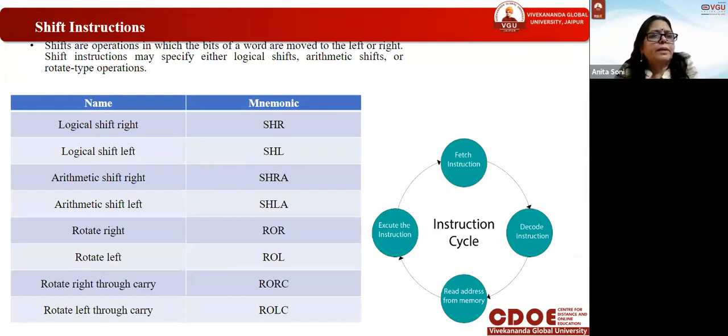Then there are shift instructions you can use for shifting your data: logical shift right, shift left, arithmetic shift right, arithmetic shift left, rotate right, rotate left, rotate right through carry, rotate left through carry. These are the operators you can use as bitwise operators at low level, machine level.